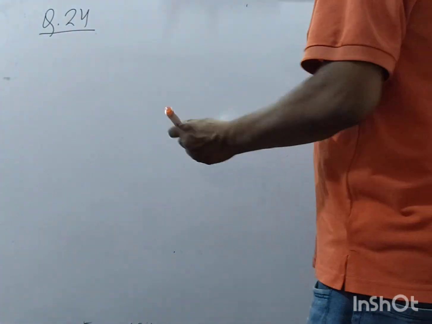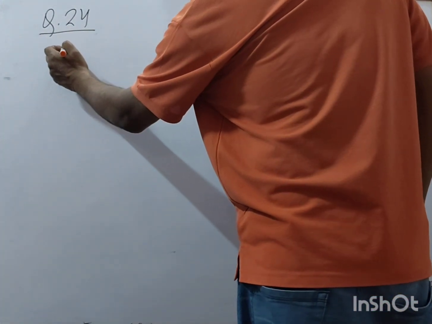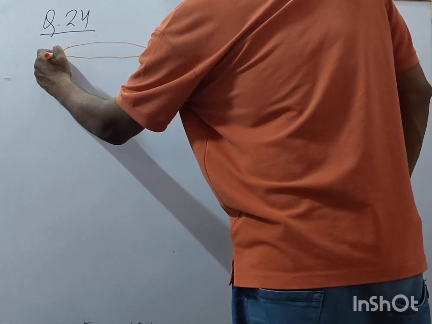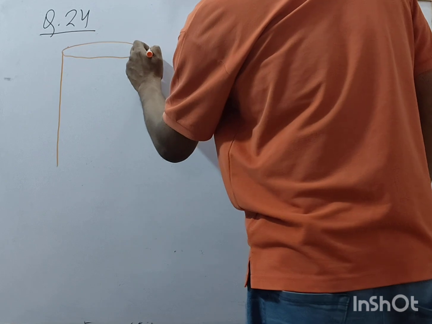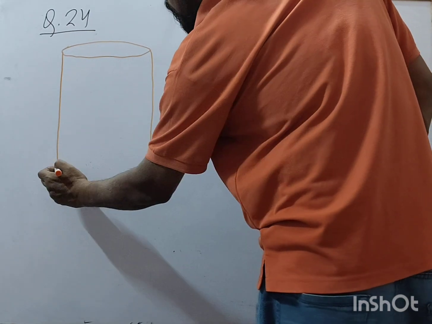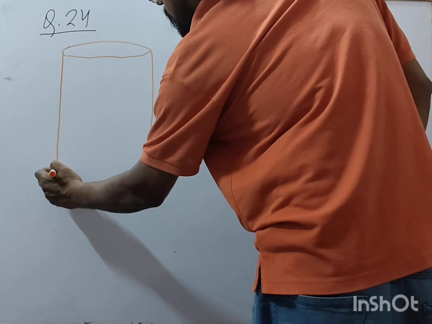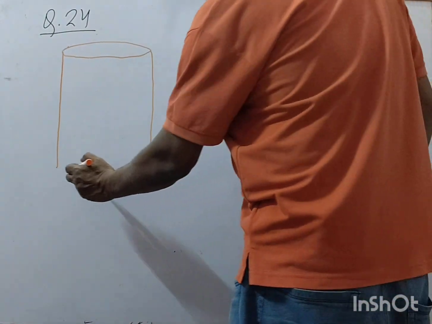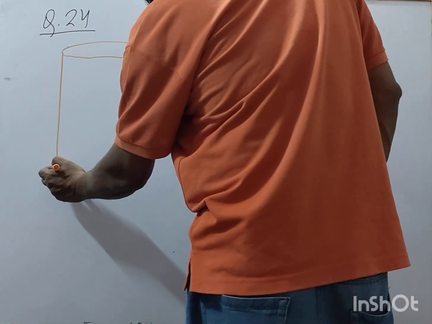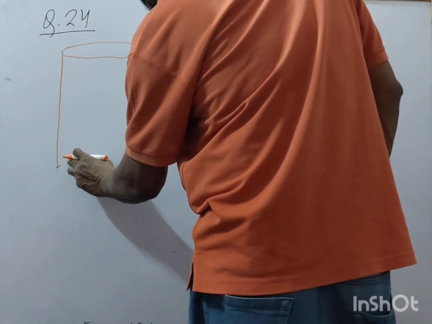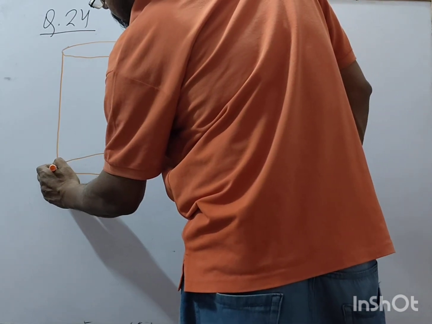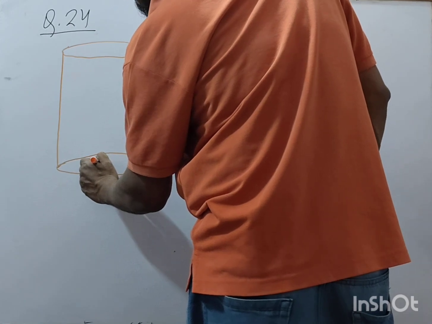A cylindrical can, a cylindrical container whose base is horizontal, and of radius 3.5 centimeter.